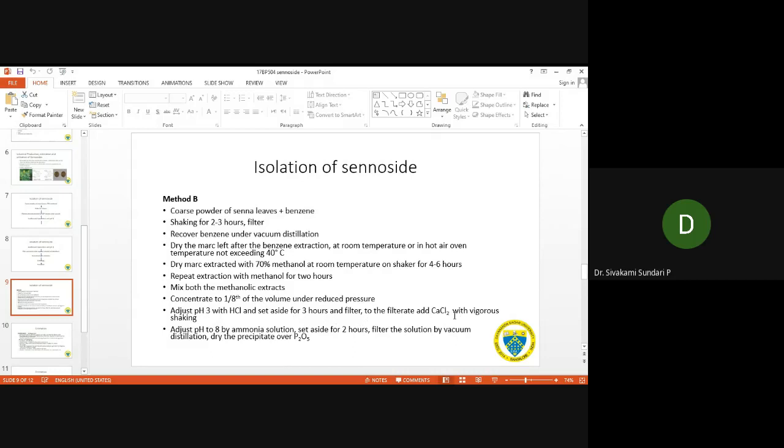The filtrate is treated with calcium chloride to get calcium sennoside. Then adjust the pH to 8 with ammonia and set aside for 2 hours. Filter and the solution is distilled. The dry precipitate is recovered and kept in a desiccator over phosphorus pentoxide.